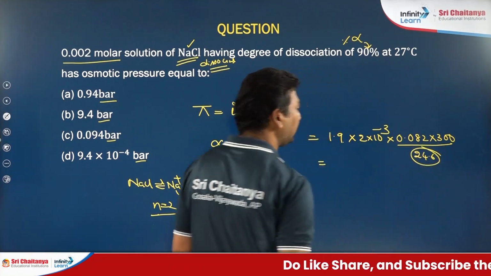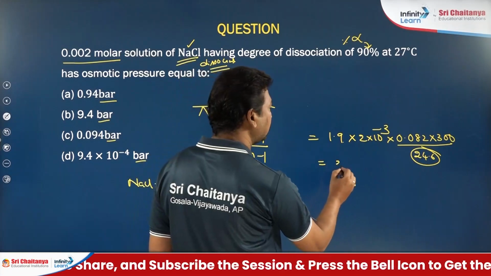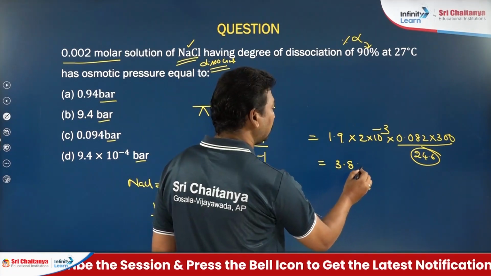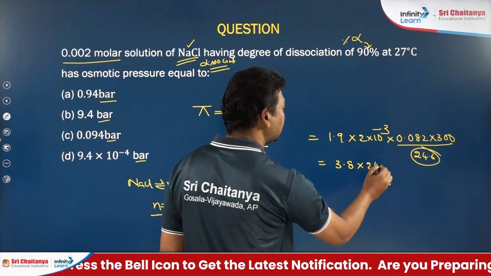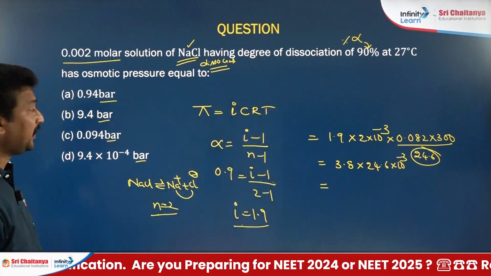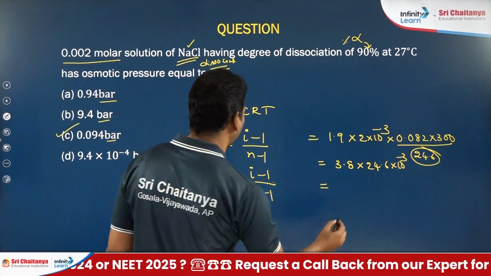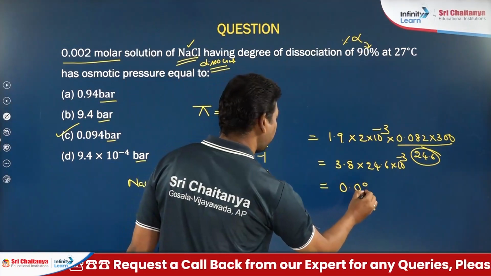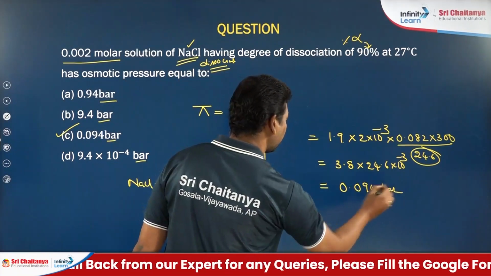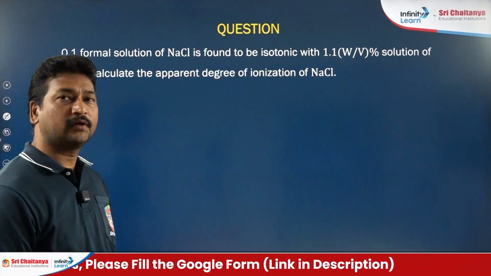If this value is 24.6, this is 2 into 1.9, 3.8, into 24.6 into 10 power minus 3. Just by solving, we'll get 0.094 bar. Coming to the next question.